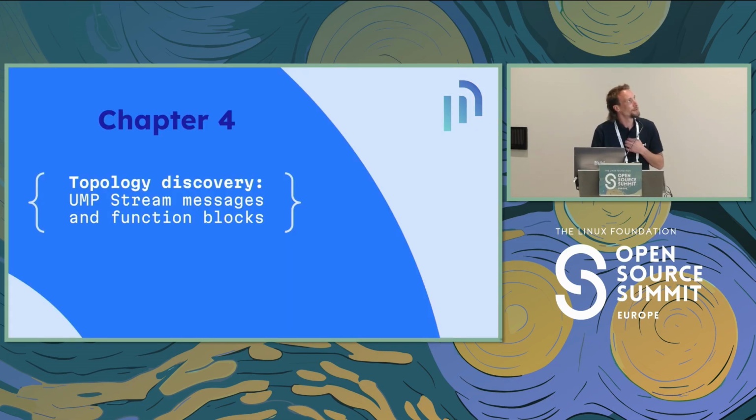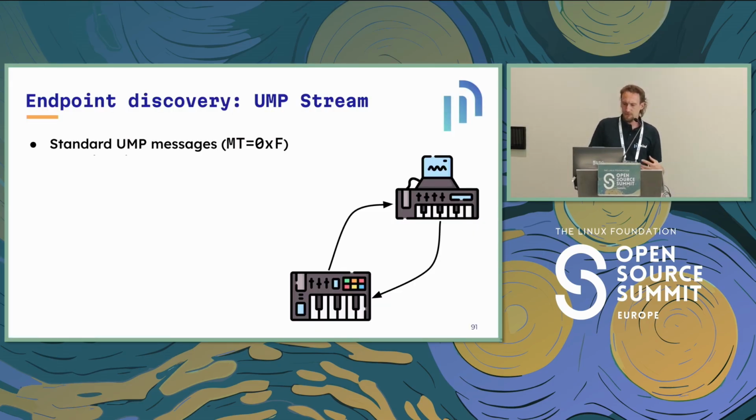Finally, there's a thing in MIDI2 which allows us to discover the topology. As I've shown you, there's this UMP endpoint. But how do we know what are the inputs and outputs available? If I have my computer here and some synthesizer, they can communicate with the message type F, which is called UMP stream.